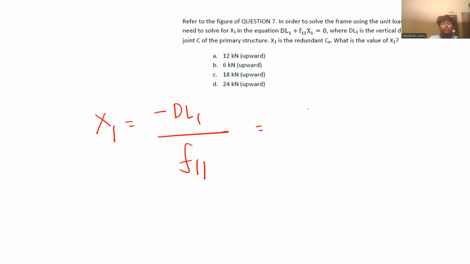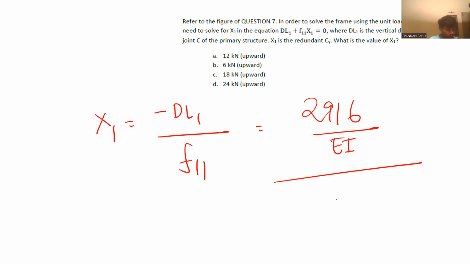So here what you will get? 2916 by EI upon 243. So you will get 12 kilonewton.